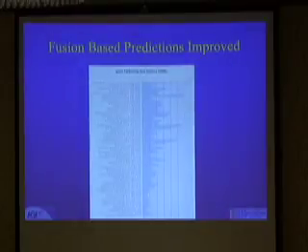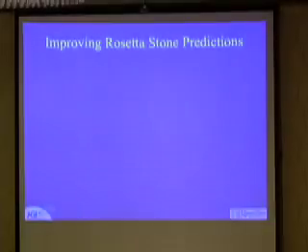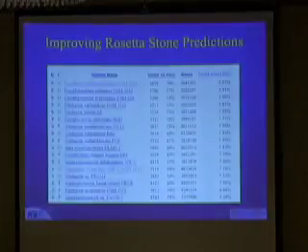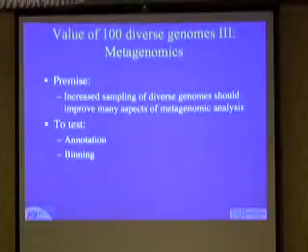They improved the fusion-based predictions of functions a little bit more than you expect for a random genome. And similarly for these Rosetta Stone functional predictions, they seem to improve it more than you would expect for a random genome. So it looks like adding better sampling across the tree improves your ability to use these non-homology functional prediction methods to annotate other genomes.